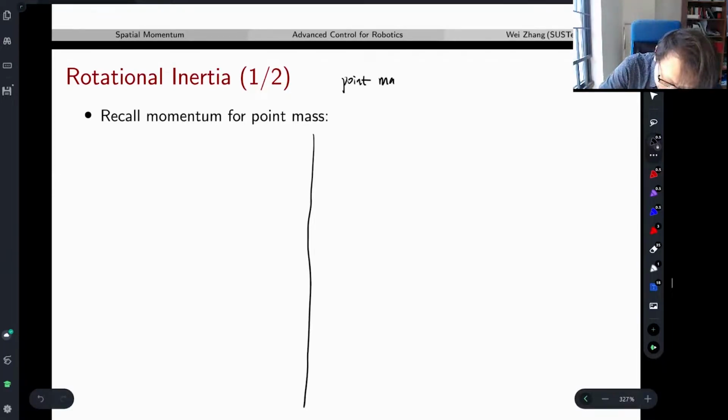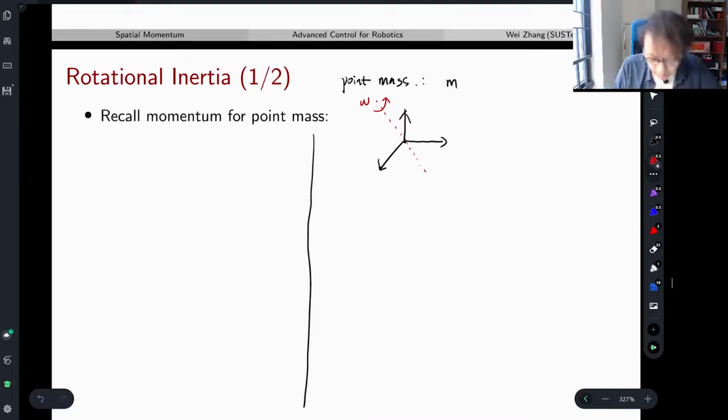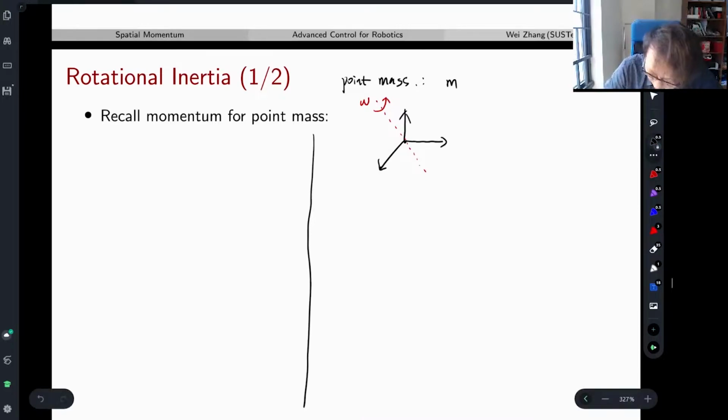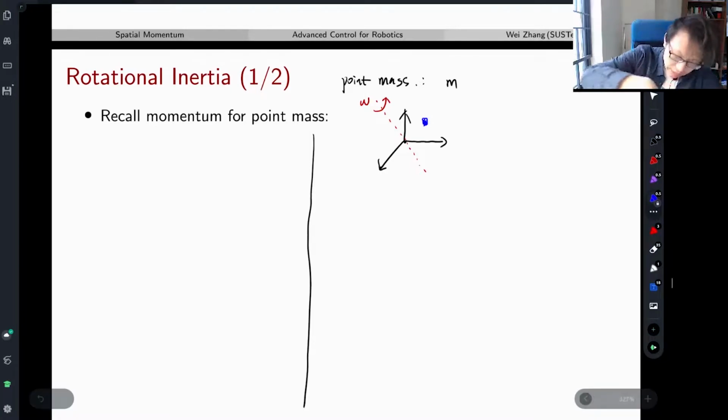Okay, let's think about a point mass with mass m, in a frame. This is our frame, and suppose it rotates about this axis, omega. Let's think about this point mass here. It rotates about that axis, so you will have a rotational motion, and it also has a linear velocity.